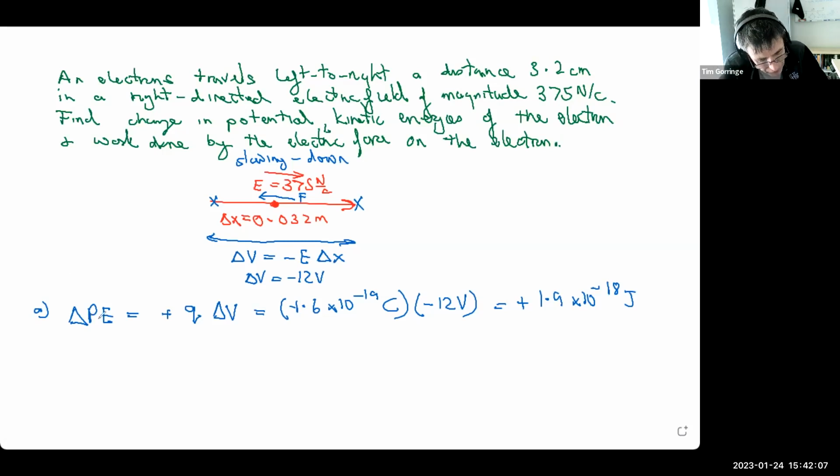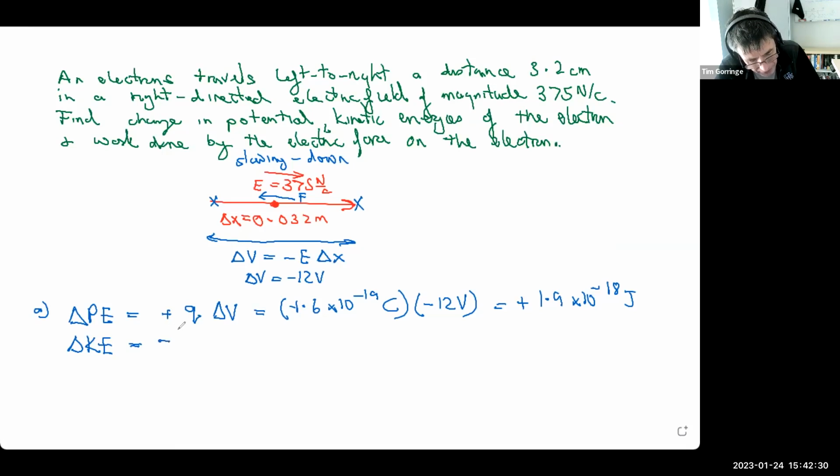What about the change in kinetic energy? Well, you can't create this electrical energy out of nothing. It's got to come from somewhere else. It's come from, by energy conservation, kinetic energy. If the electrical potential energy has gone up, the kinetic energy has correspondingly gone down.